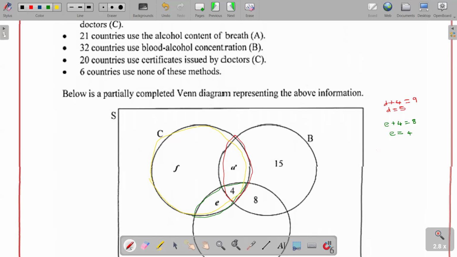So what it simply means is that D, let me use another color to write because it's not clear.